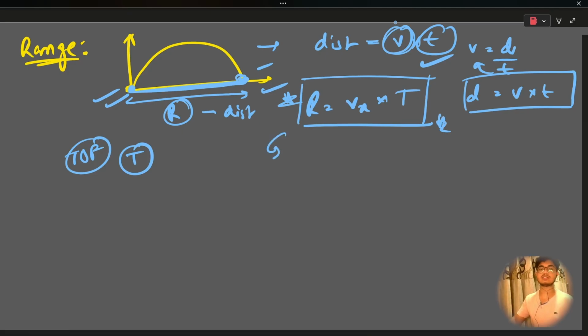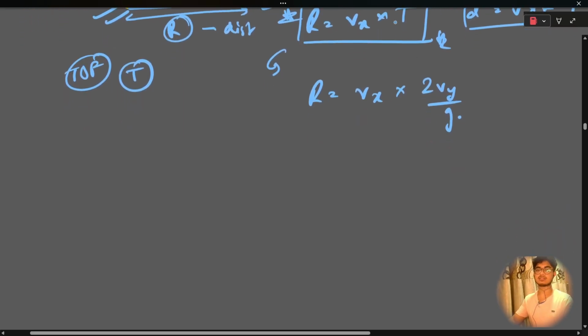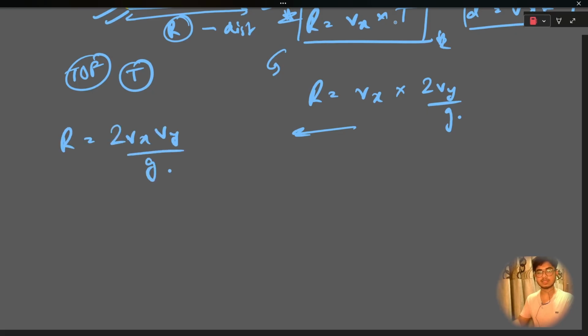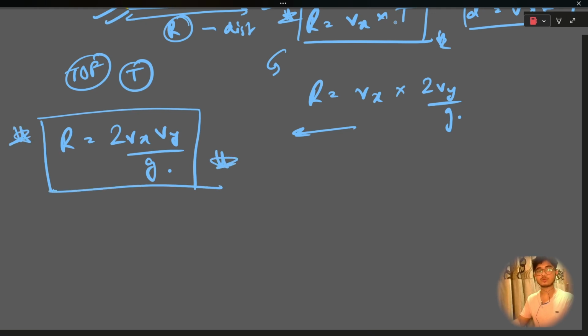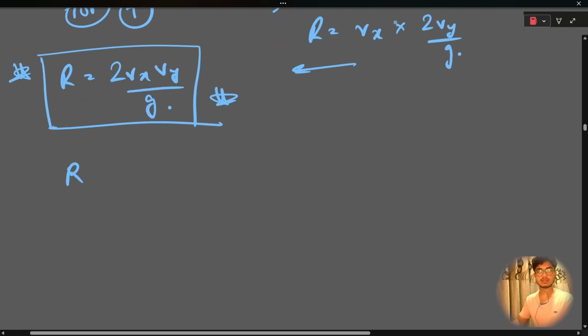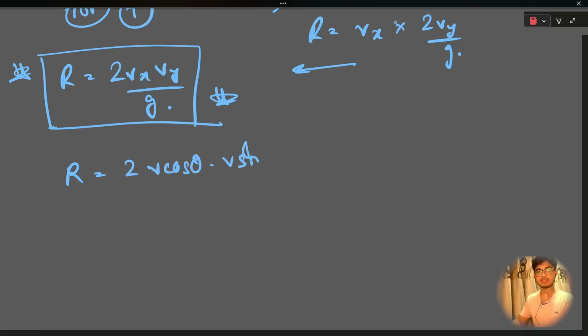If we rearrange them, that is R equal to Vx into 2Vy by G. You can write this as R equal to 2VxVy by G. You can write this. This is the first one. And also, if you break it down into components, that is R equal to 2 V cos theta dot V sin theta, because Vx is V cos theta and Vy is V sin theta.